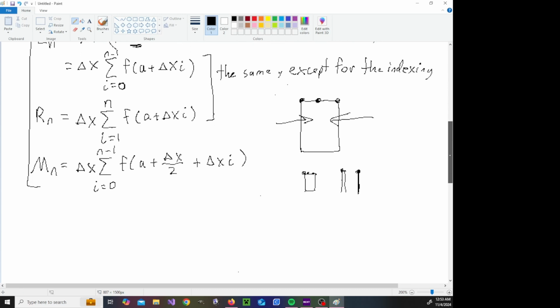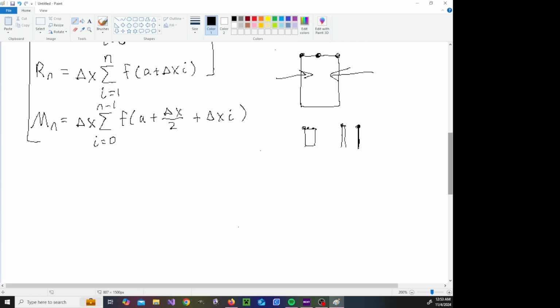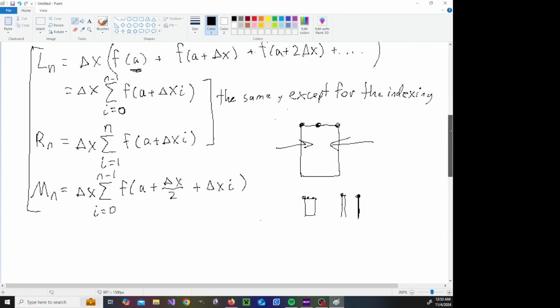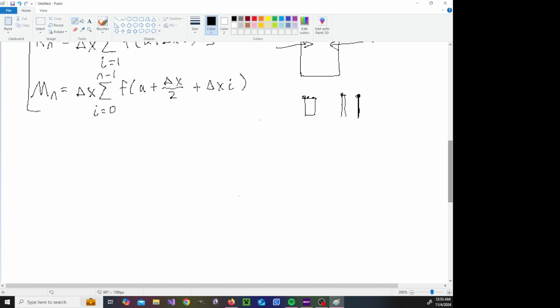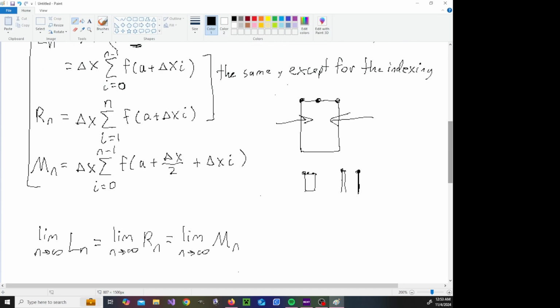So it turns out for the exact area, it doesn't matter which setup I end up using, right? It turns out the limit as n goes to infinity of my left method is going to be equal to that limit as n goes to infinity of the right method is going to be equal to the limit as n goes to infinity of the middle method. So that middle method is better when we're actually calculating something by hand. It is going to be more precise.